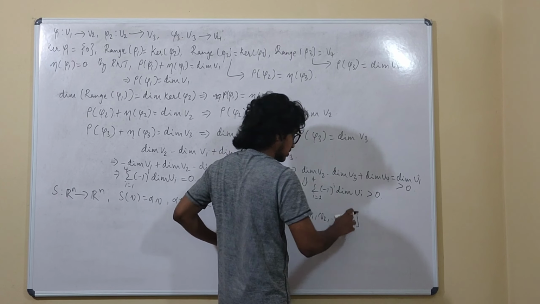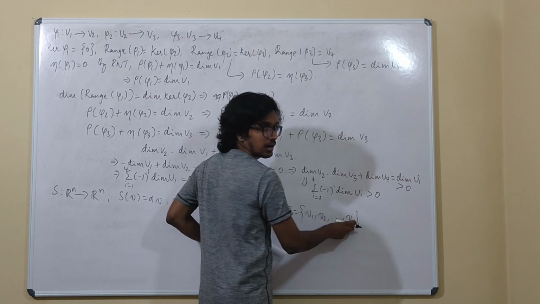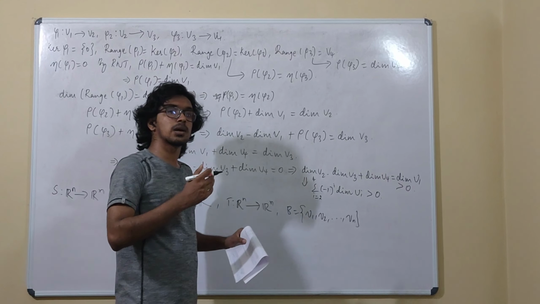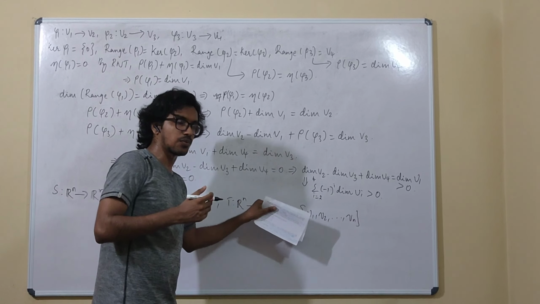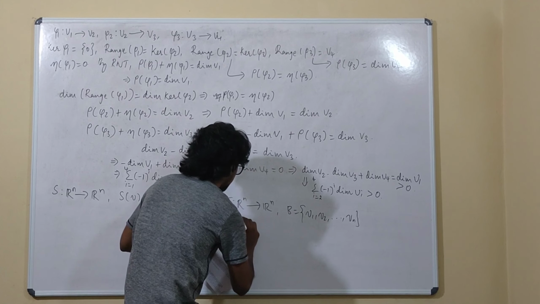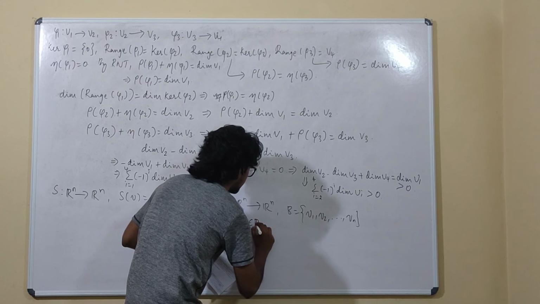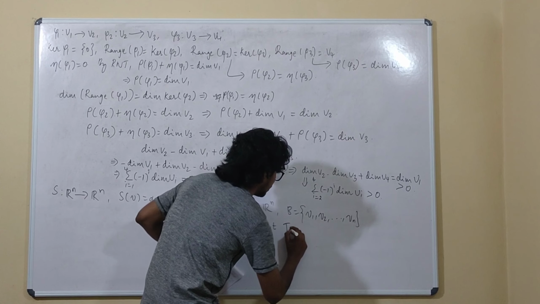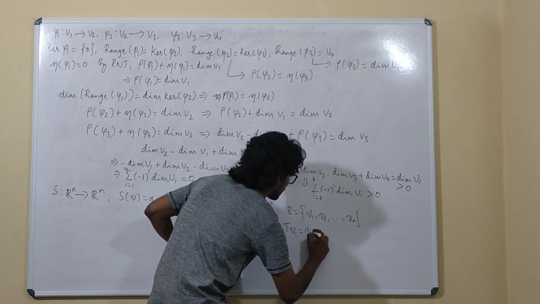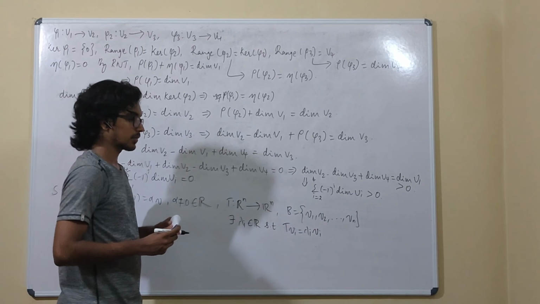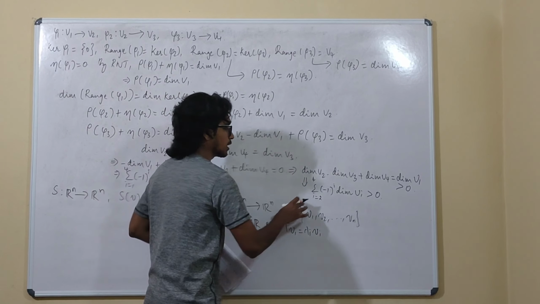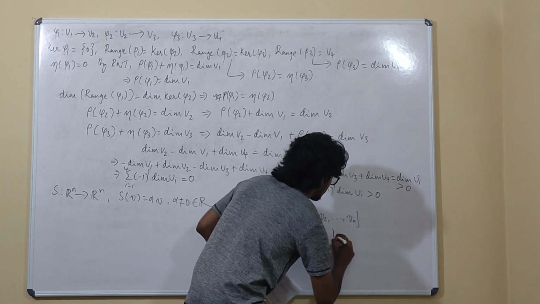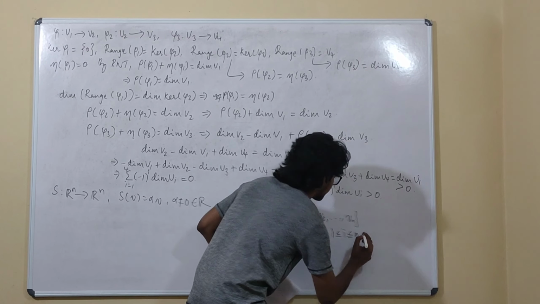If these are eigenvectors, for each vector we can identify a corresponding eigenvalue associated with that vector. So there exists lambda i in R such that T Vi is lambda i Vi, and i runs from 1 to n.